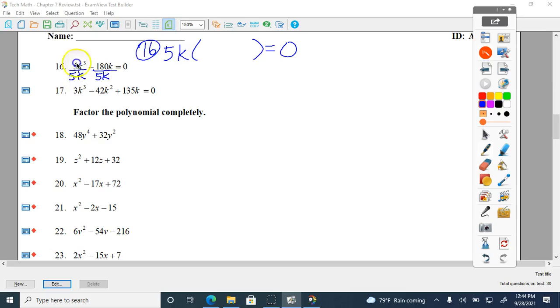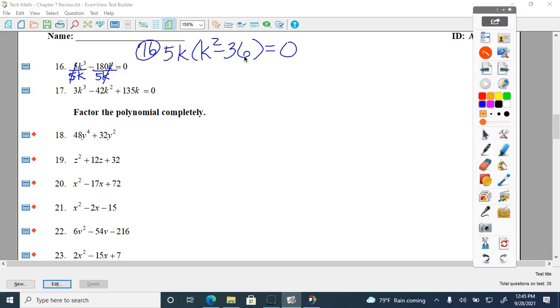So 5 and 5 cancel. What is K to the third over K? K squared. Okay? The K's cancel. What is negative 180 divided by 5? Negative 36. Can I factor that more? K squared minus 36.